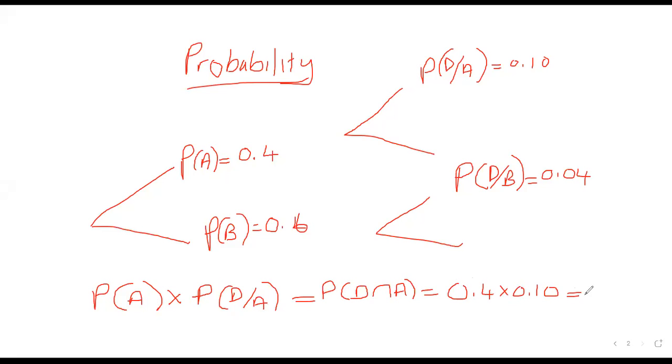We are getting 0.04. How about if we multiply the probability of B times the probability of D given B? What are we going to get as a probability here? What intersection are we getting?